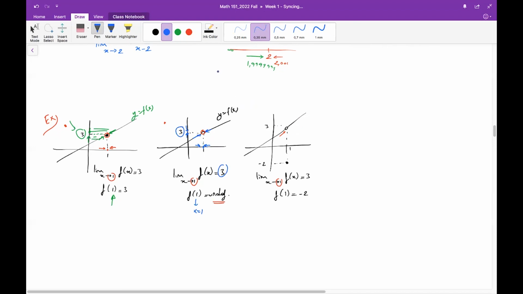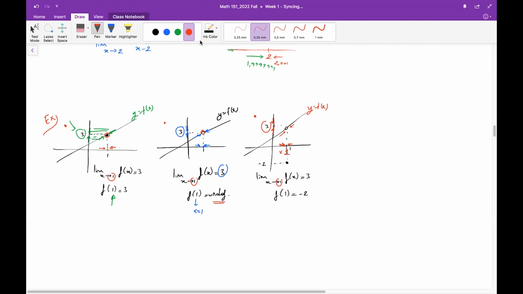And let's analyze the last case. Here, the limit, again, is 3 as you look at the values of your function y equals f of x when x is around 1. The values are getting closer and closer to this unique number 3, limit is 3. What is the difference between this case and the previous case?